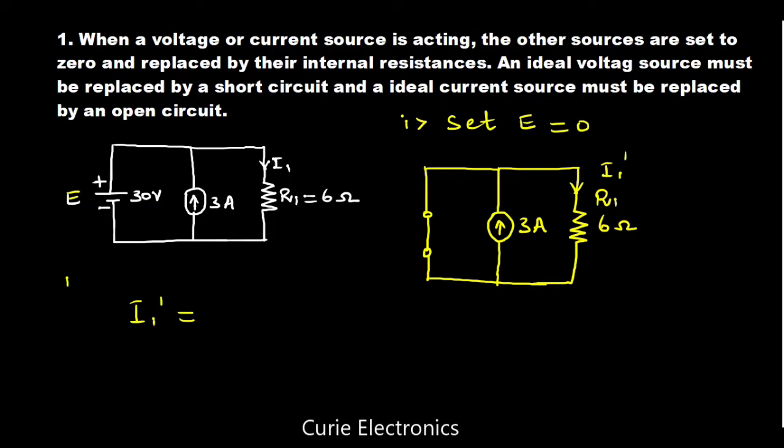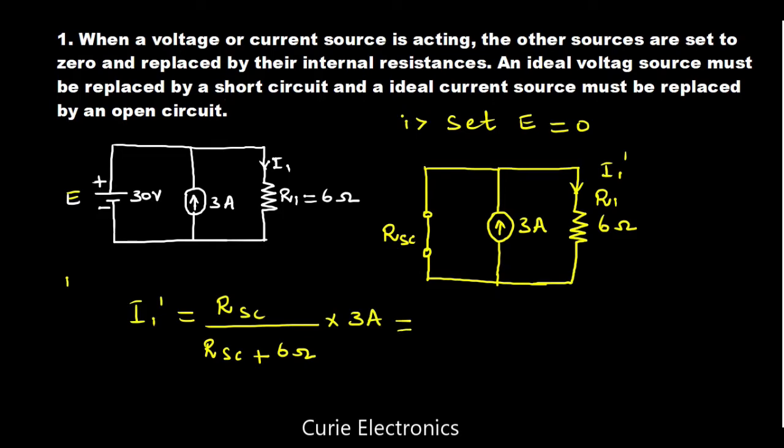We have to take the opposite resistance. So this is R short circuit. This resistance is equal to R short circuit upon the sum of R short circuit plus 6 ohm, the sum of the resistors, current division rule I am applying here, multiplied by 3 amps, that is the total current.